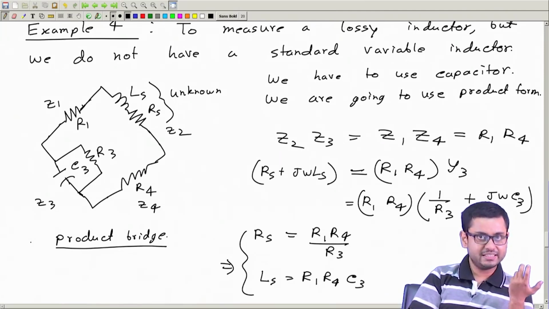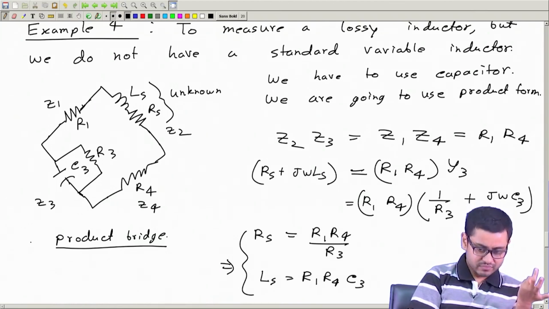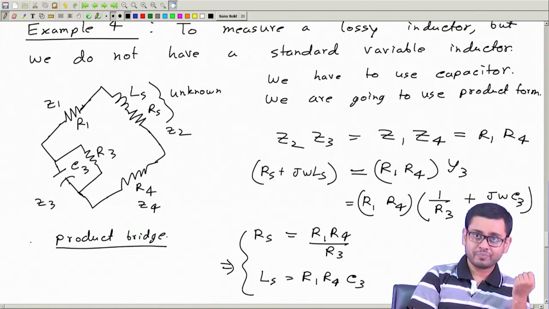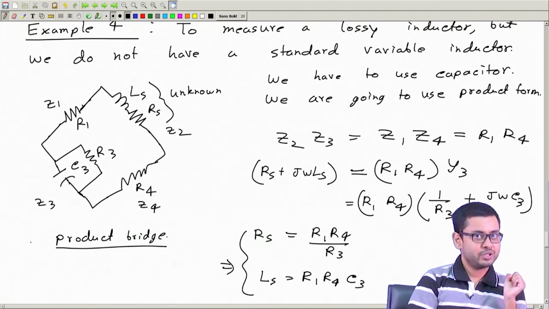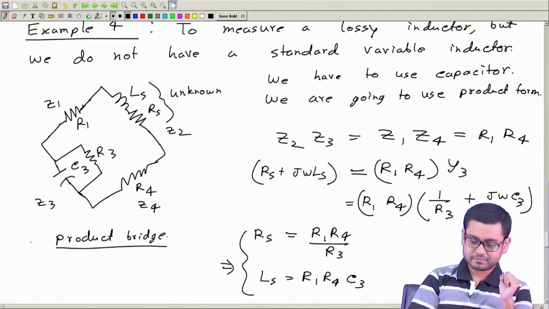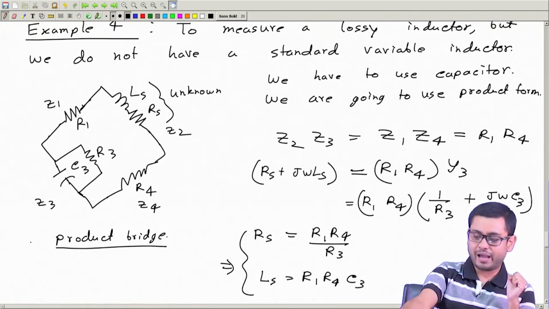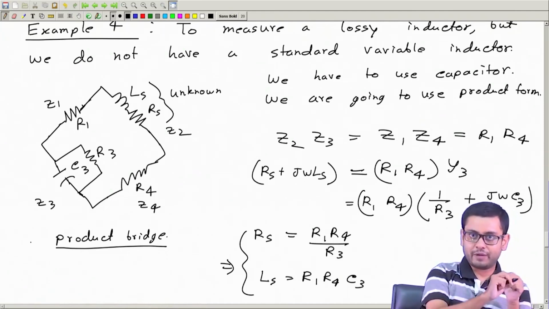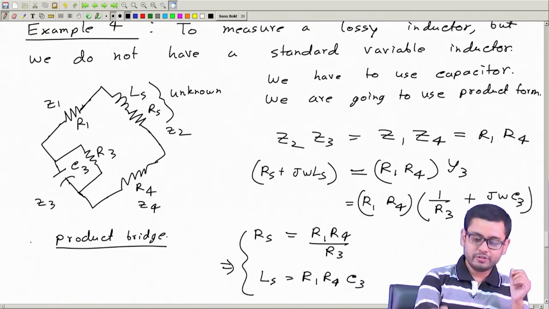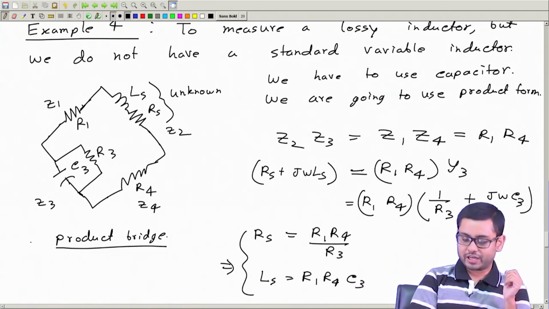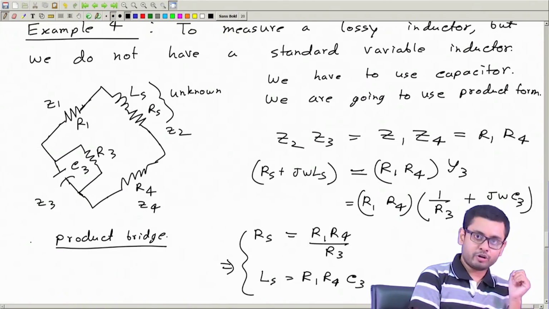And if you are using impedance form, then use the elements in series. So you see how easy these balance equations are to derive. You don't have to do a long 1-page calculation if you design the bridges in this way, product bridge and ratio bridge. Let me conclude this video.